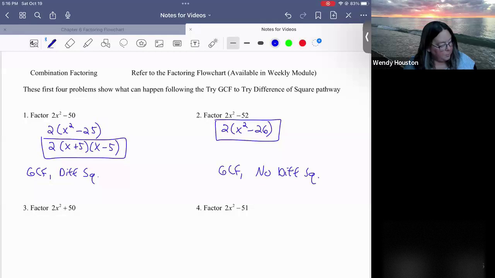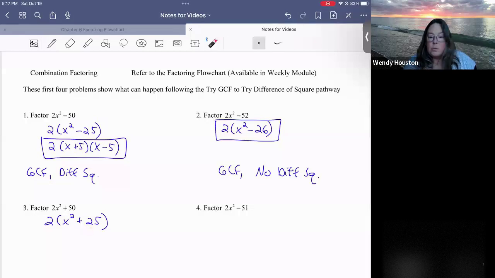So this had a GCF, but no difference of squares. Looking down at example 3, GCF first. You might be getting sick of that. In this case, we've got our initial factoring as 2 times x squared plus 25. That's the start of factoring because it's written as a product.